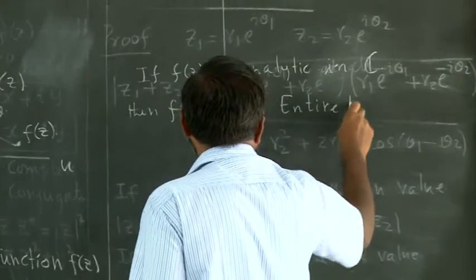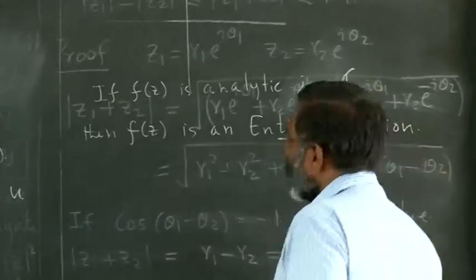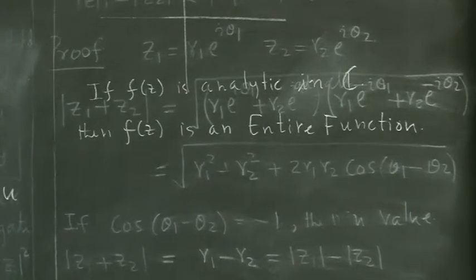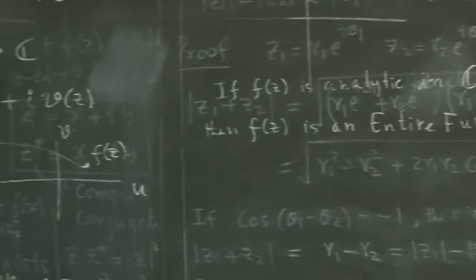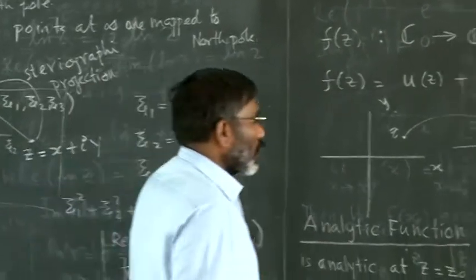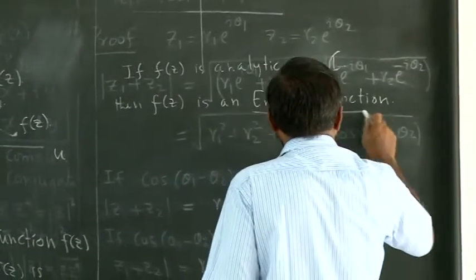So entire function means it is analytic everywhere, that the derivative exists at all points.